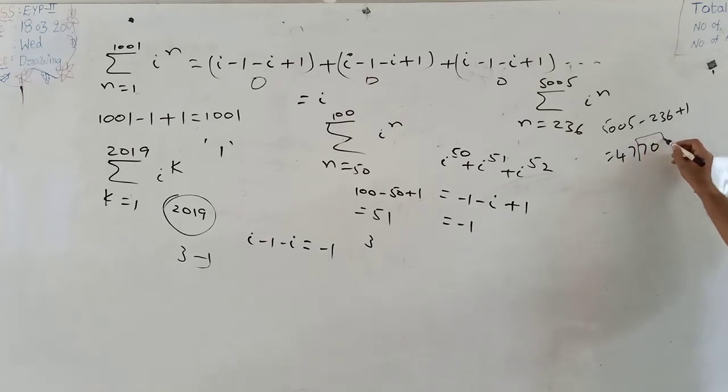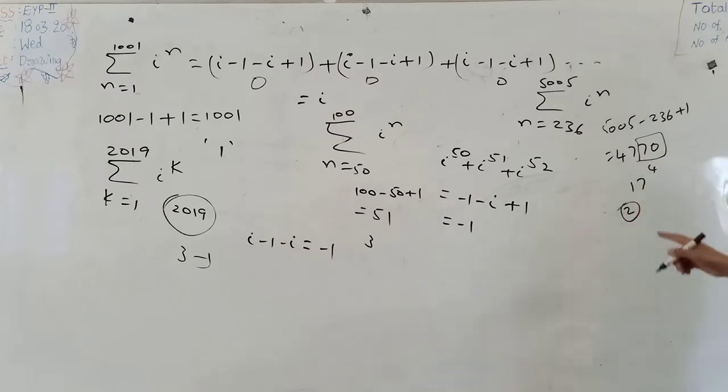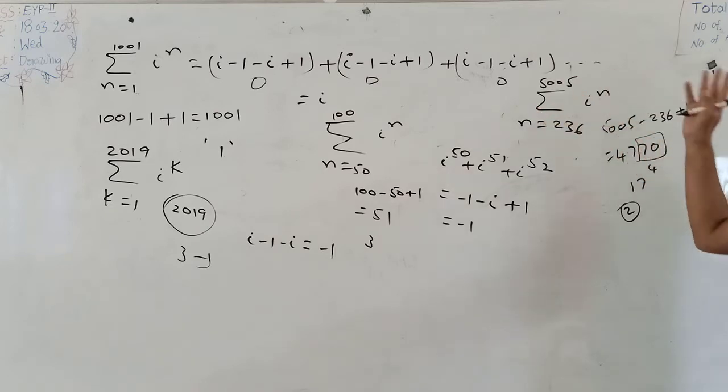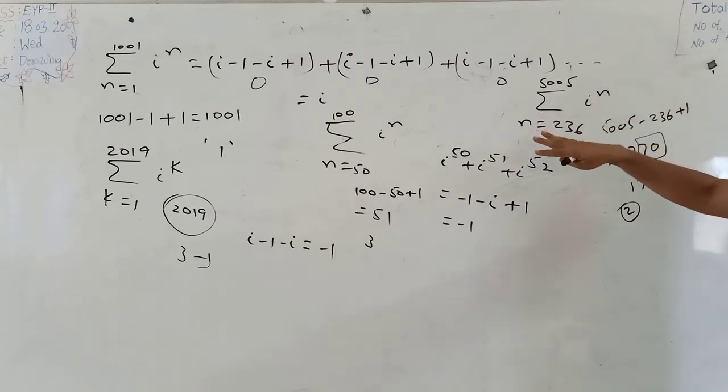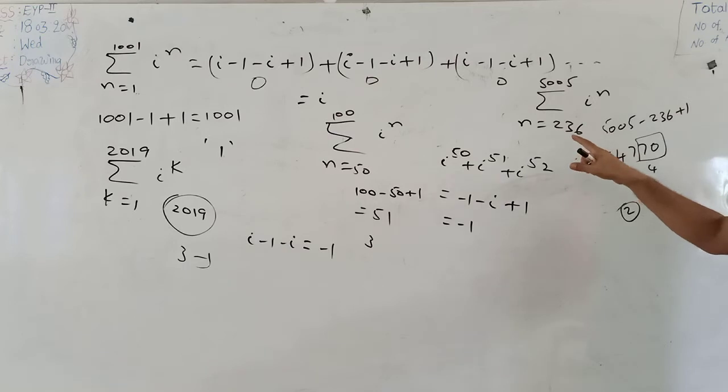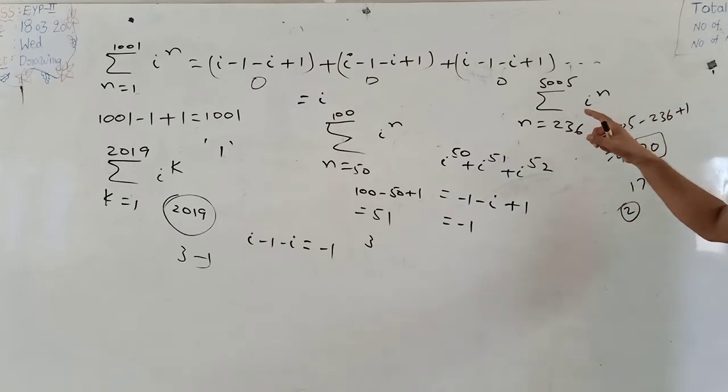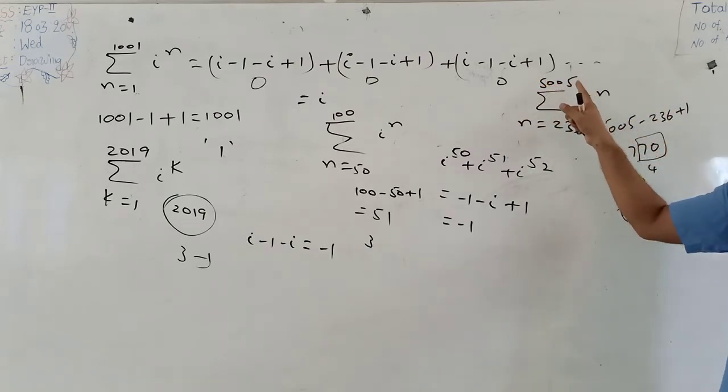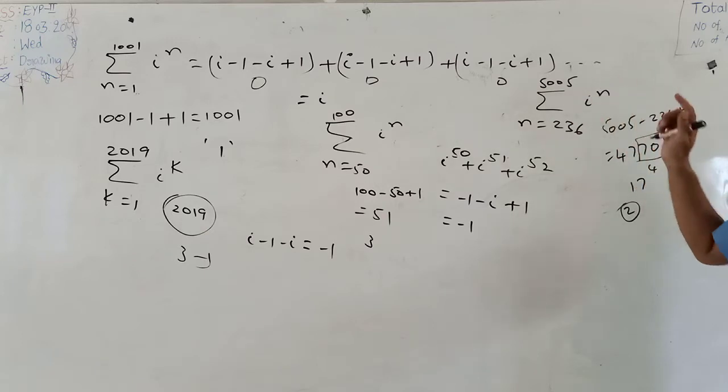So divide 70 by 4: 4 sevens are 28, remainder is 2. Remainder 2 means after cancellation there exist 2 terms, the first 2 or the last 2. First 2 means the n is 236 case and the n is 237 case. Last 2 means the n is 5005 case and the n is 5004 case.